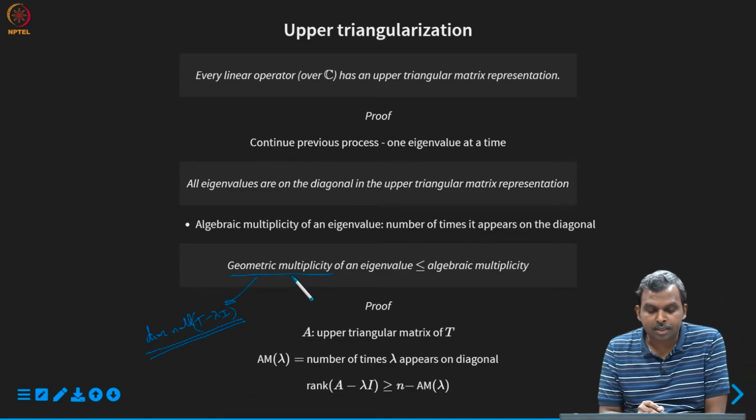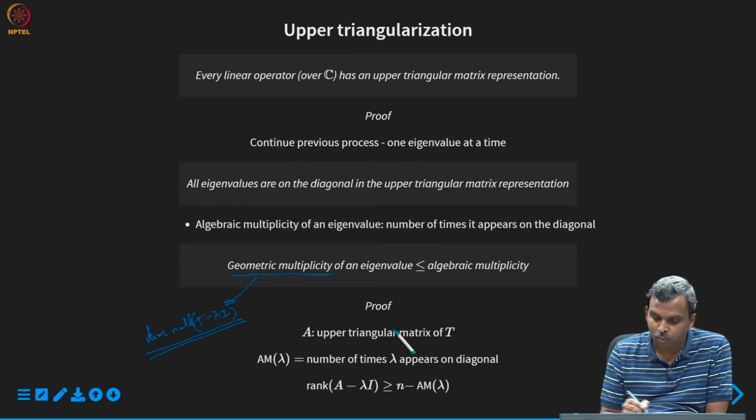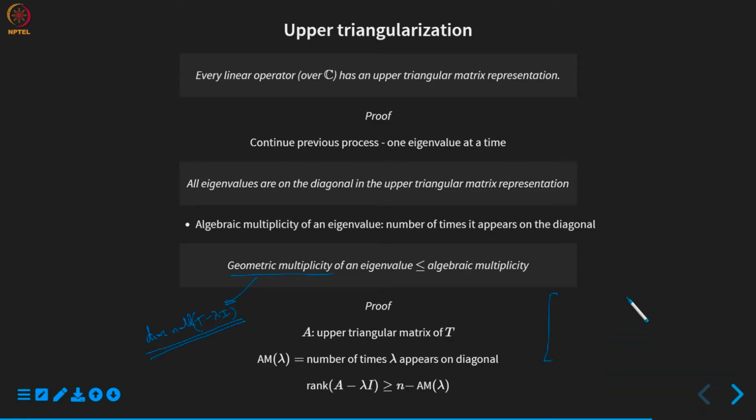It turns out that once you come up with the upper triangular matrix representation, it's easy to show the geometric multiplicity has to be less than or equal to the algebraic multiplicity. Why is that? What is algebraic multiplicity? For simplicity, I will take the lambdas to be on top, and below you have zeros, and then you have a bunch of stars. I don't know what's going to happen here, but I have lambdas here. How many lambdas do I have here?